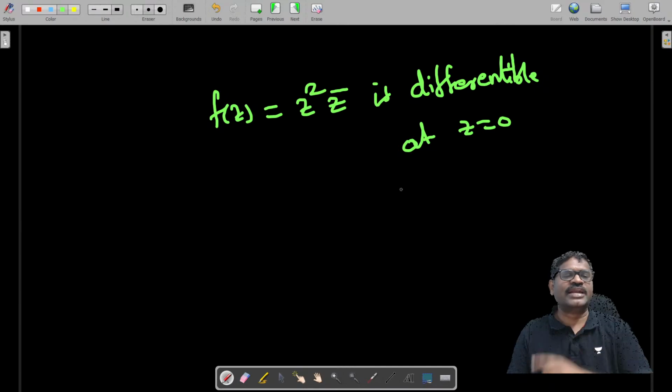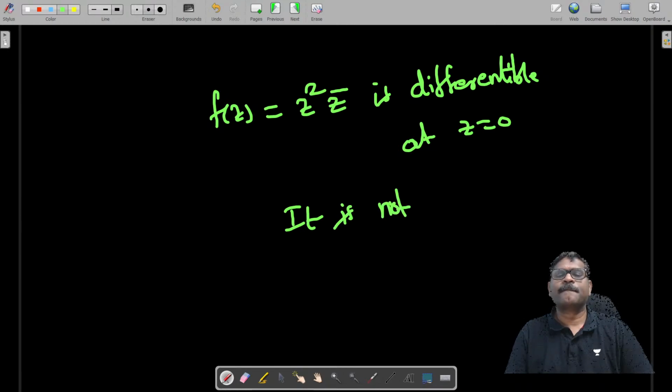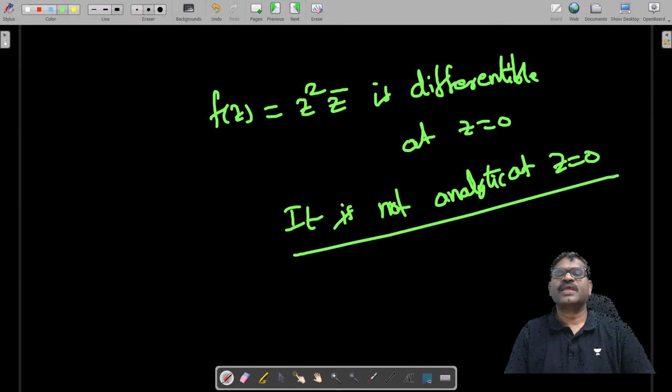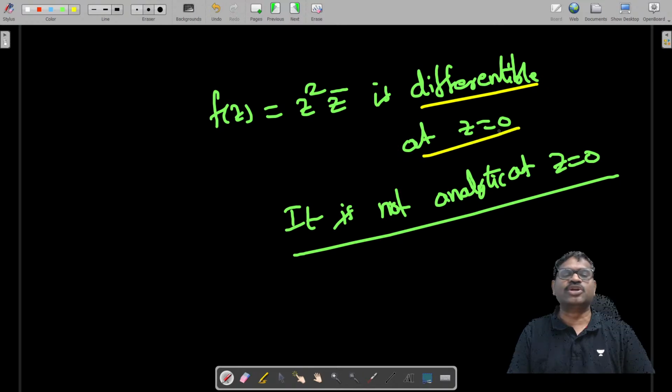Hello, it is not analytic, because in the neighborhood CR equations are not satisfied. That's why it is only differentiable. It is not analytic at Z equal to 0, but it is differentiable at Z equal to 0.